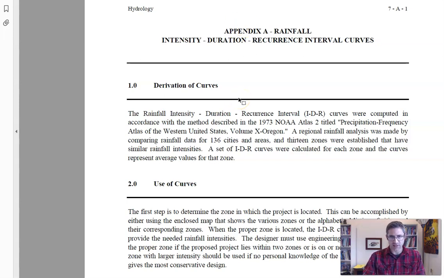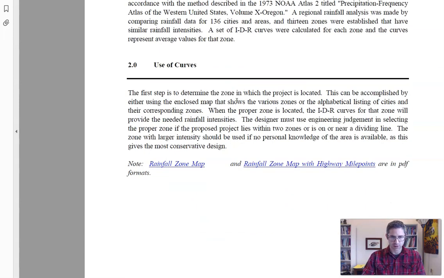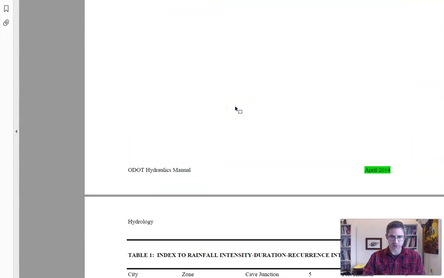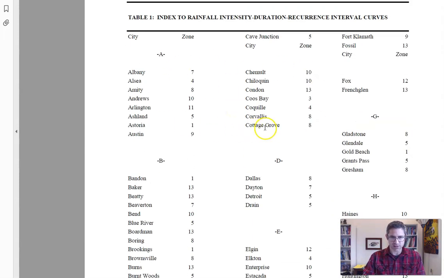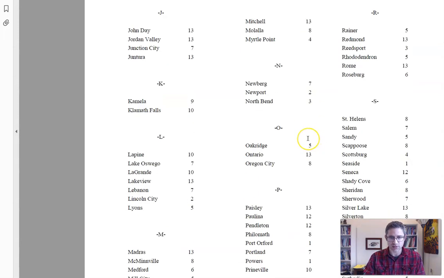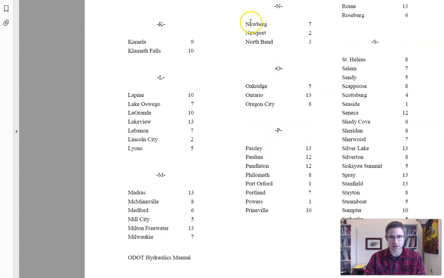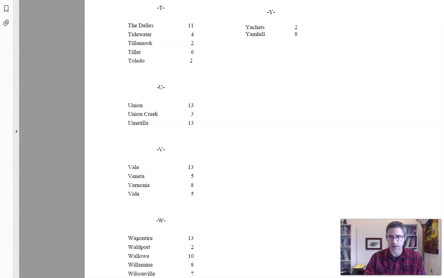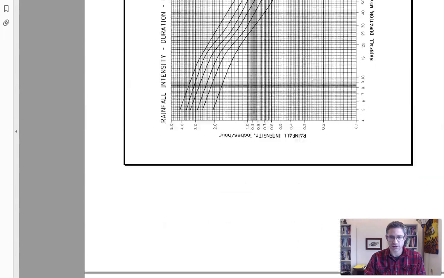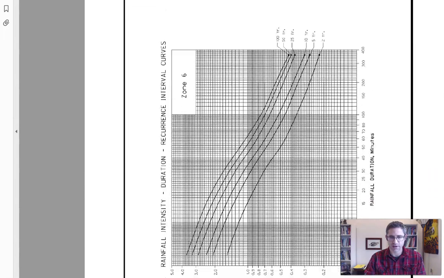It has intensity, duration, frequency curves for different spots in Oregon. If I scroll down, I can find cities in Oregon and what zone they're in. I can find Newberg here is in zone 7. And so I'm going to go down to these curves and find zone 7.